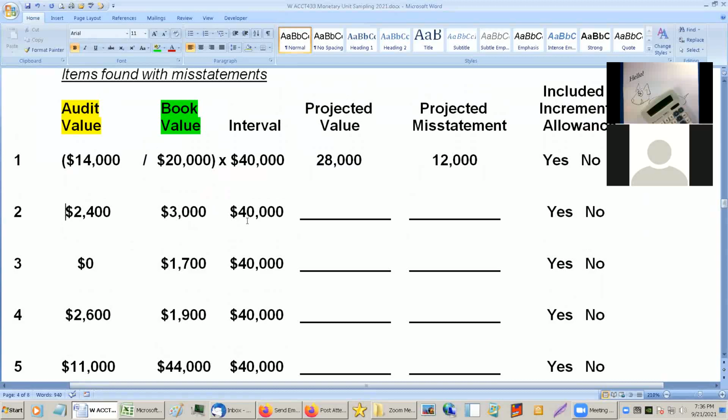So we're going to do this for the next. 1, 2, and 3 are pretty straightforward. These are similar to what you saw before when we did page 1. And then they get wacky. $400 divided by 3,000.